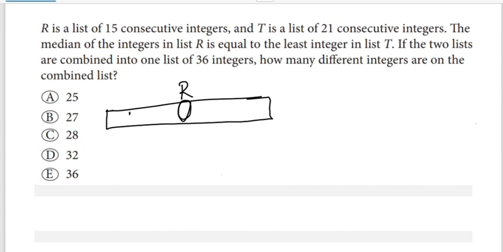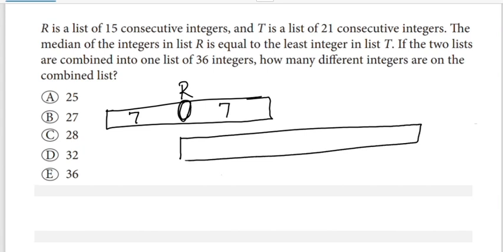So to the left we have 7 numbers, to the right it will have 7 numbers, and the 8th term is the median, and they say this median is equal to the least integer in T. So if this next one is T, has 21 numbers, that means this corresponds to whatever number we have here, right?